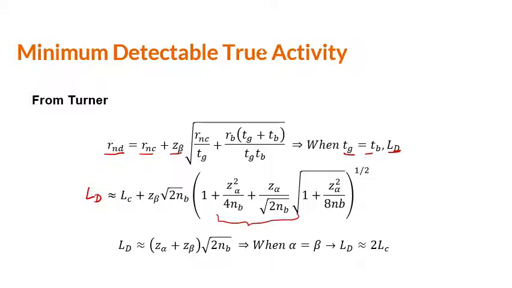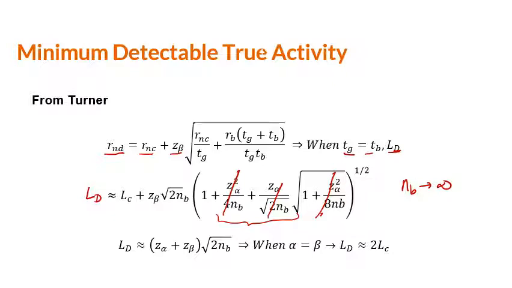And then again, at very large NB, malaki-laking value ng NB approaches infinity, or a very large value, mag-vanish tong values na to, mag-vanish din itong value na to, ang matitira na lang is yung 1.